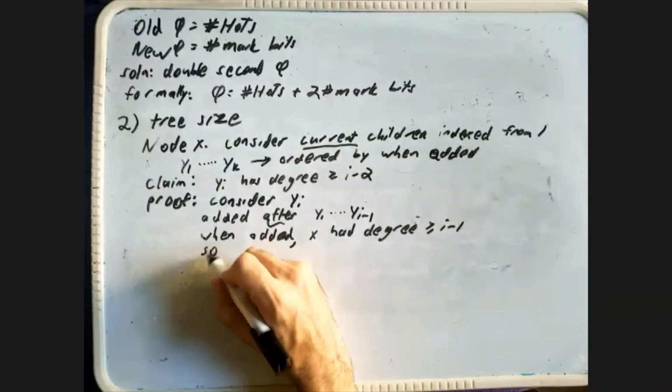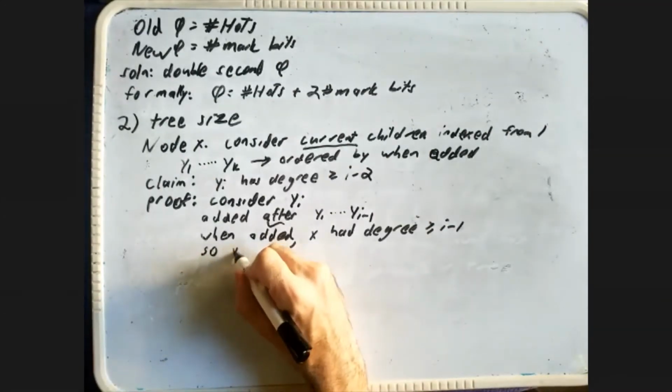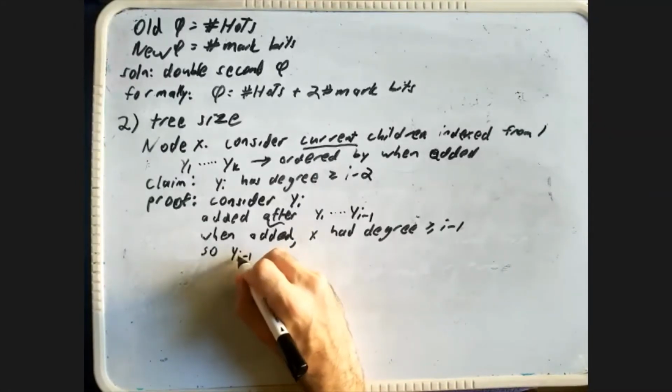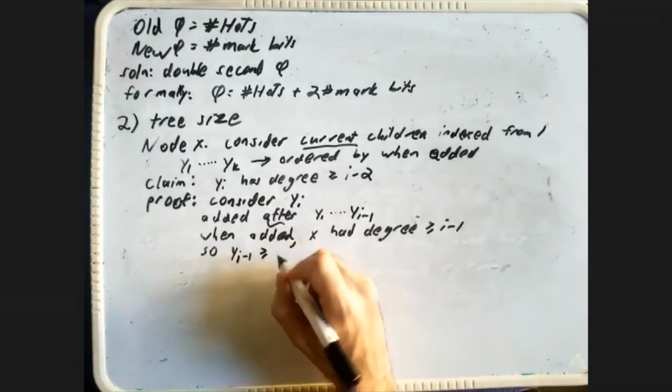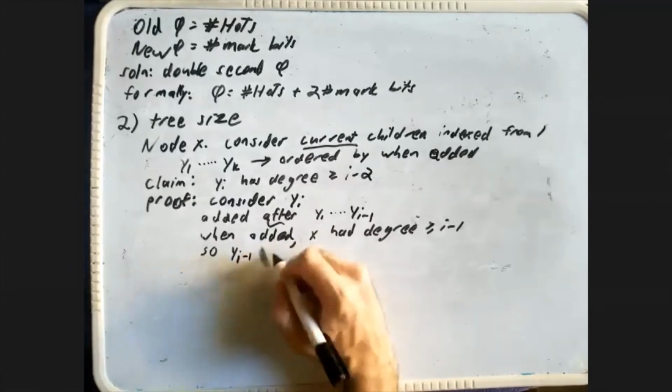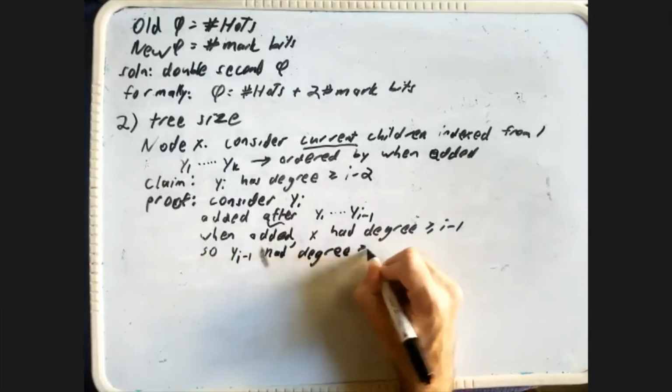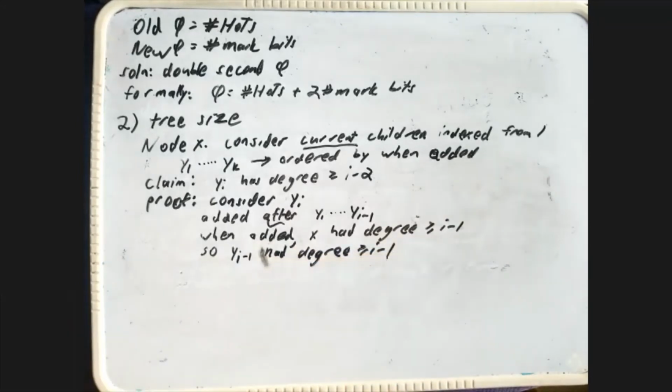And what is our rule for consolidating nodes? Well, we only consolidate nodes of the same degree. So that means that yi had degree at least i minus 1 when it was added. What can we say about its degree now?